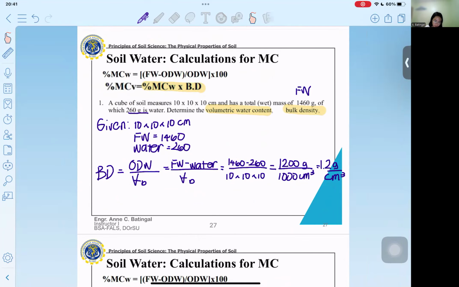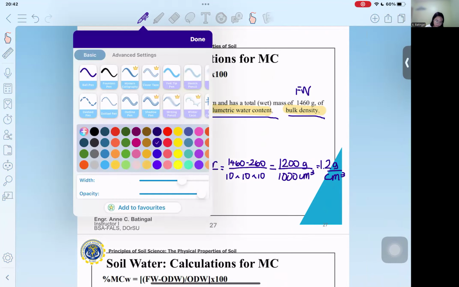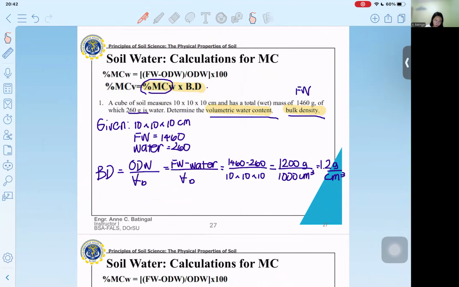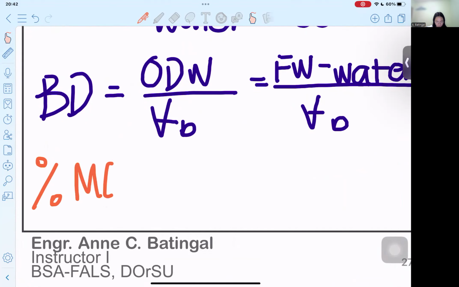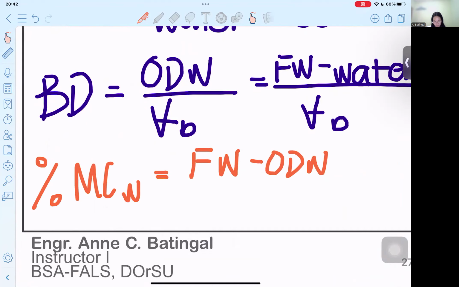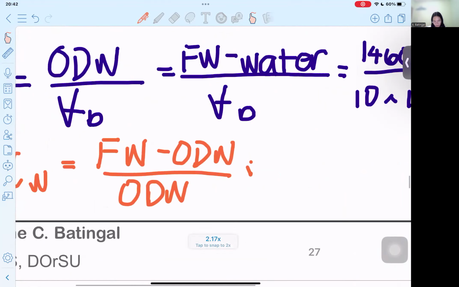To get the volumetric water content, we need the moisture content by weight, and you have to multiply it by bulk density. Okay, so moisture content by weight using the formula fresh weight minus oven dry weight divided by oven dry weight, times 100.